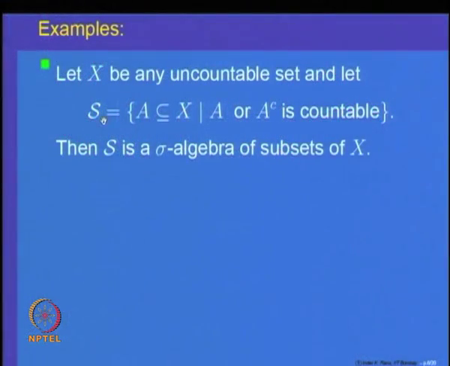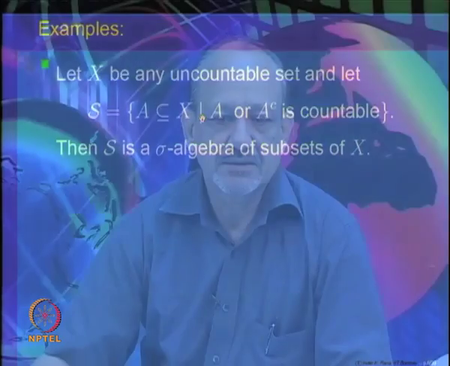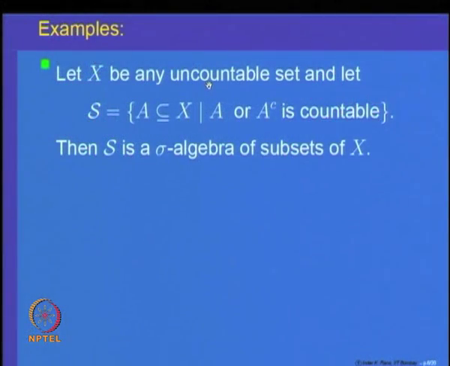So, what we have shown is that if X is any set, and we take the collection of all those subsets of X which are either countable or their complements are countable, then that forms a sigma algebra of subsets of X. Of course, the collection S still remains a sigma algebra, but its nature will change in the sense that, for example, if X is a countable set, you can try to prove yourself, then this collection will in fact be all subsets of the set X. So, it is a non-trivial example only when X is an uncountable set.